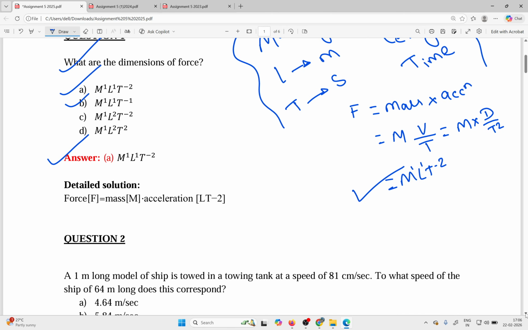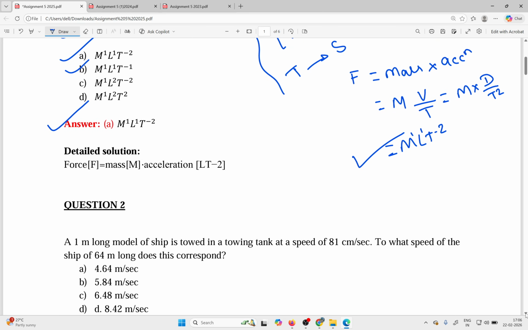The next question is very important and very easy. I'll discuss very fundamental things here, so please focus on question number 2. A 1 meter long model of a ship is towed in a towing tank at a speed of 81 centimeter per second.